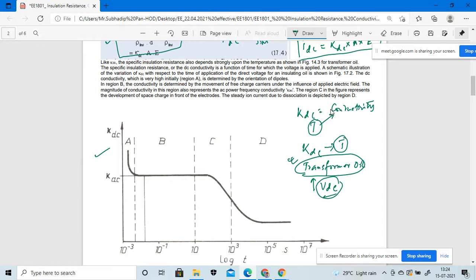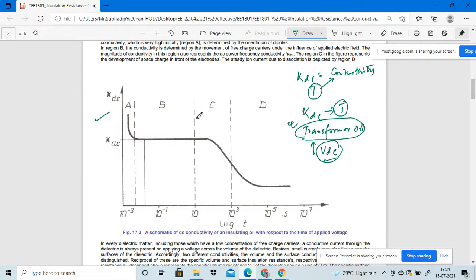In this particular case, here we are considering the KDC, which is the conductivity, and on this axis we are considering the time. Depending upon the time interval and the temperature, we need to check the variation of the transformer oil using this schematic diagram.